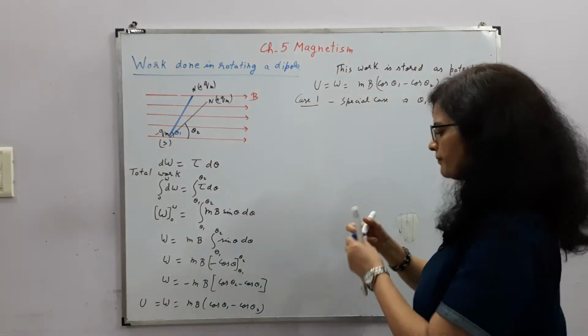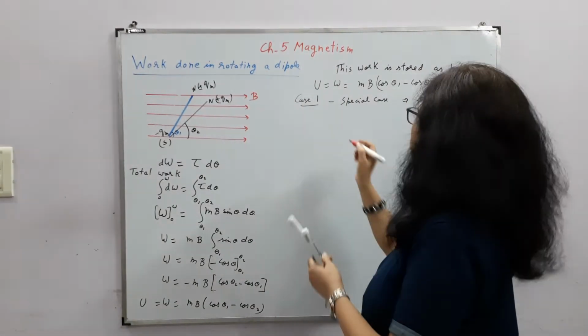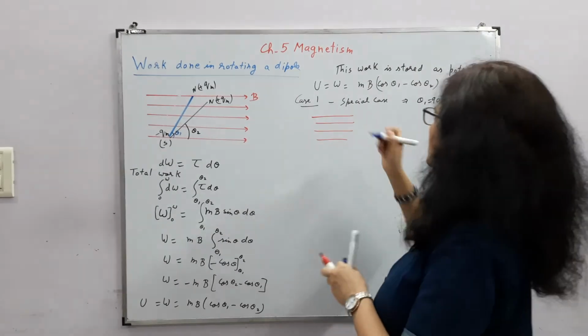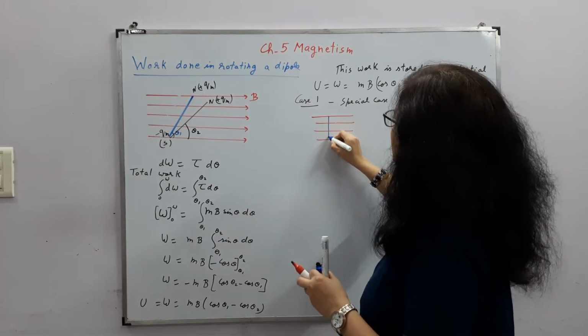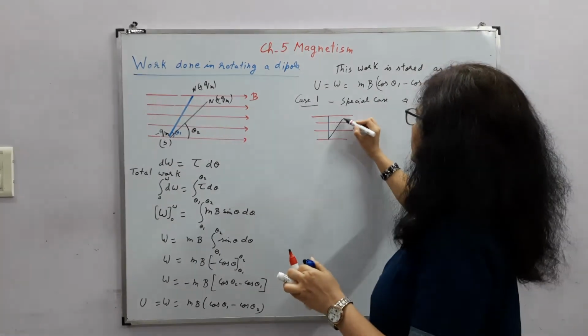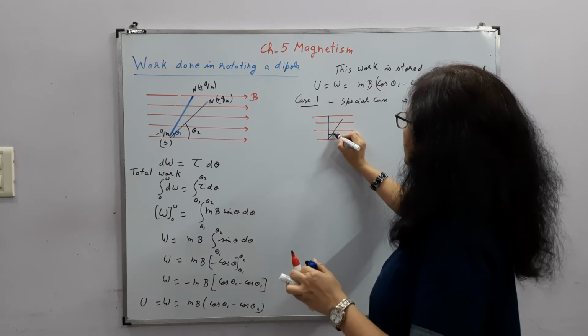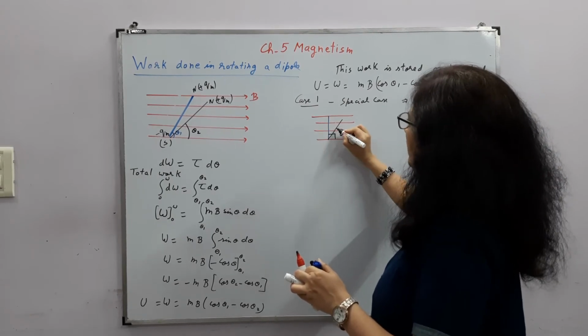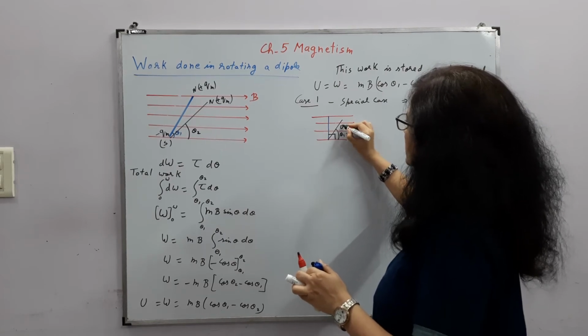That means this is the initial position and this is the final position. So this first angle is 90 degrees and the second angle is theta.